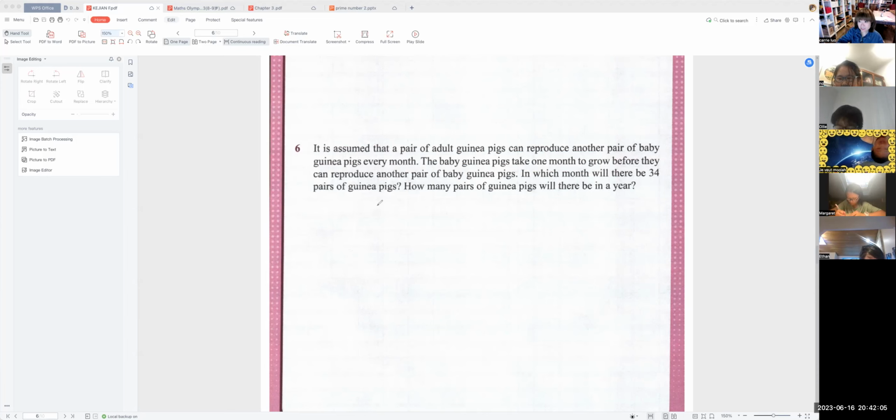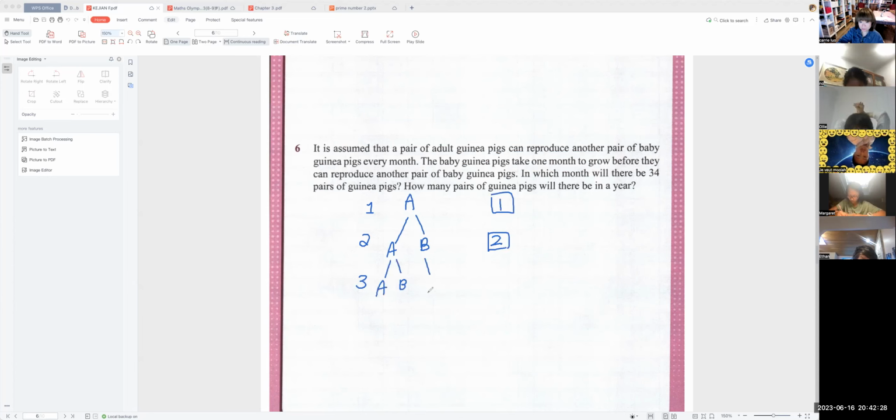Okay, so let's take a look at this one. In the first month, we only have one pair of guinea pigs, right? So it's an adult. Next month, the adult has another pair of babies, right? In the third month, the adult has another baby, and the first baby became an adult.